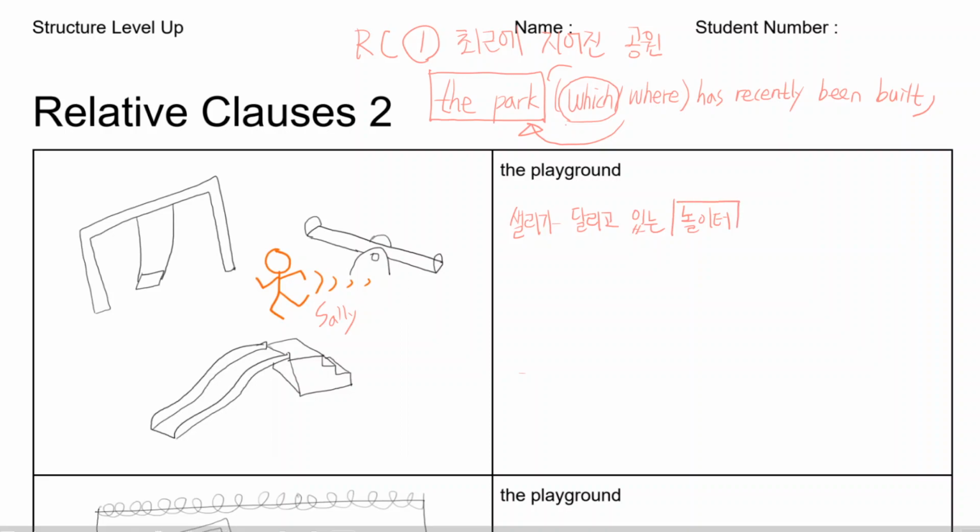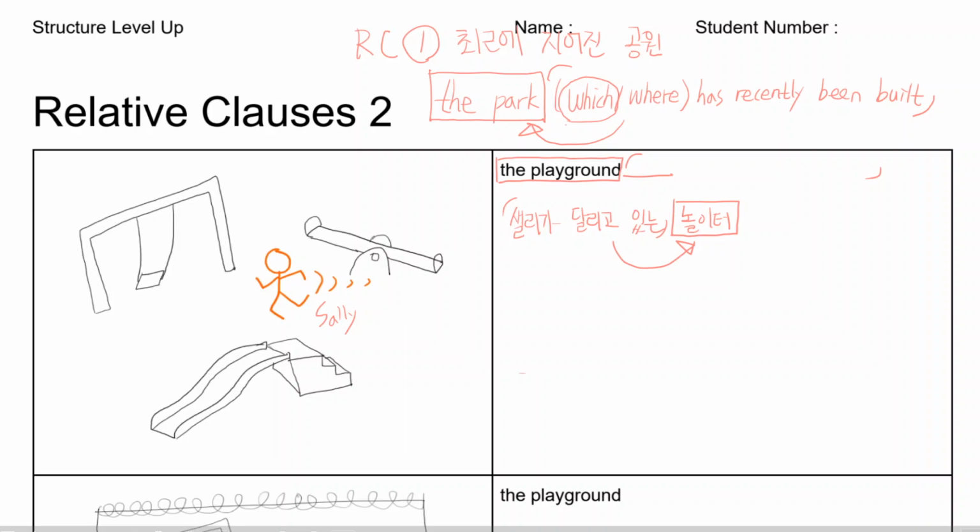So here, as we can see, we have a noun and the sentence is connected to this noun, right? So in English, we say the noun first and then we say the sentence. And we need something to connect here, right? So here we sometimes put that, sometimes which, sometimes where, something like that, right?